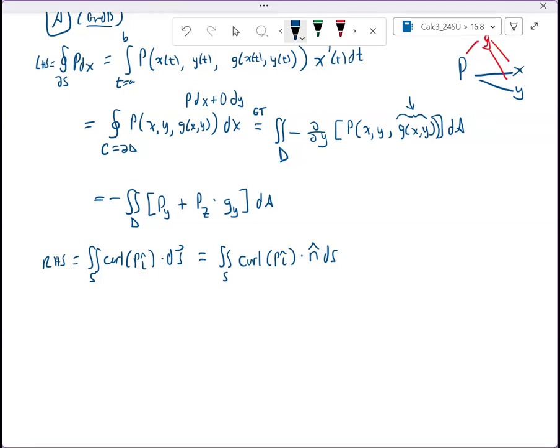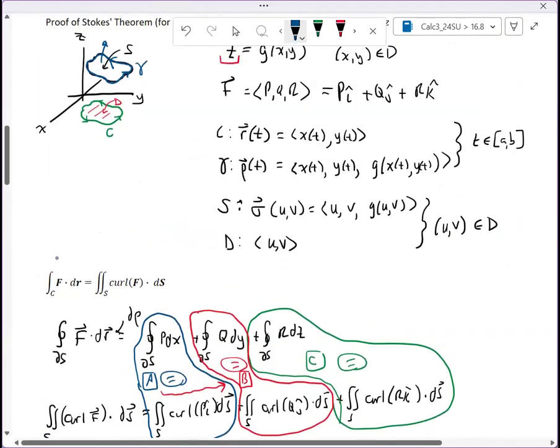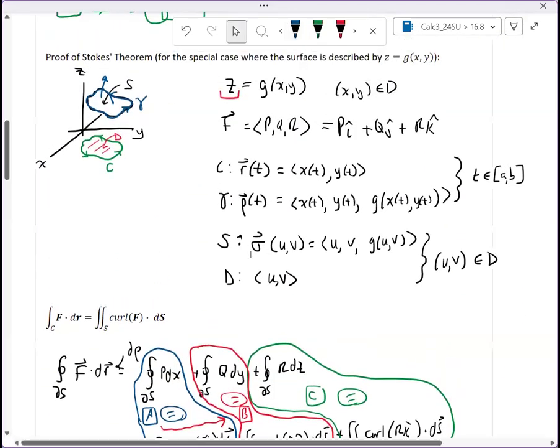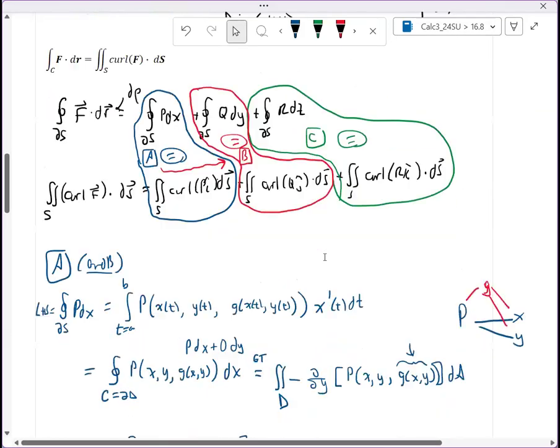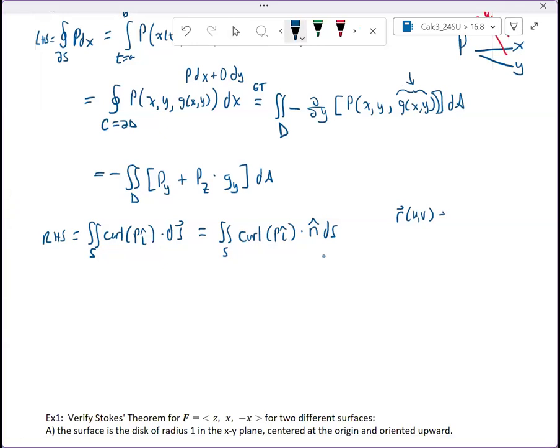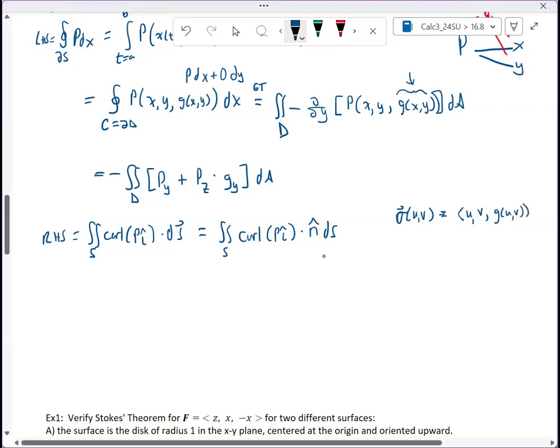And let's come off to the side here. We have that r of u and v. I think this is what I call it up here. Let me check my notes. Oh, I called it sigma of u and v. So sigma of u and v is u comma v comma g of uv. That was my surface.